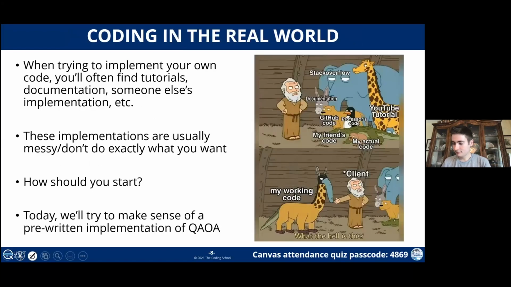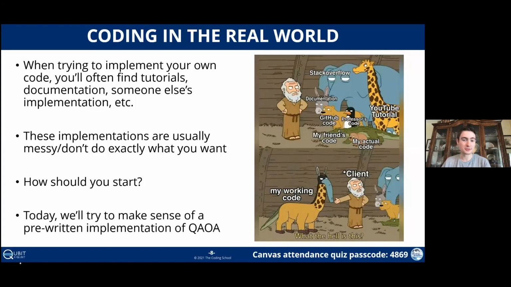Okay. So let's talk a little bit about QAOA and a little bit about how we're going to approach these Jupyter notebooks. So the first slide here is a little bit of a joke, I guess. Usually when you are programming in the real world, you'll be pulling together pieces from a whole bunch of different sources, right? So in this picture here, we see all these different things. You might have heard of them, right?